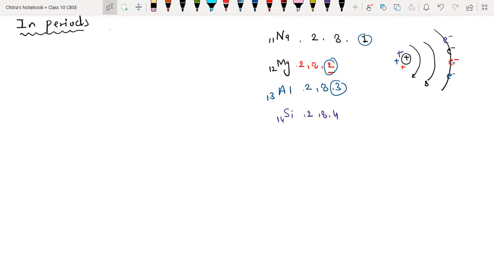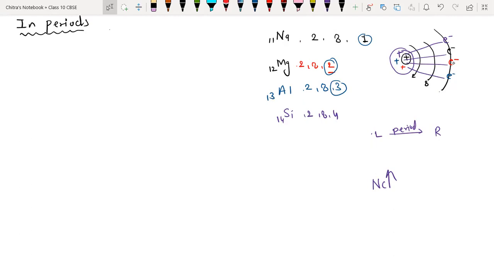So as you can see here, when we are moving left to right in a period, each time electrons are added in the same shell, in the third shell only. Is it, everyone? Yes, sir. So due to the addition of electron and proton, the positive charge of the nucleus increases. It is called an increase in nuclear charge. Due to the increase in nuclear charge, the force of attraction between electrons of the outermost shell and the nucleus increases all the time.